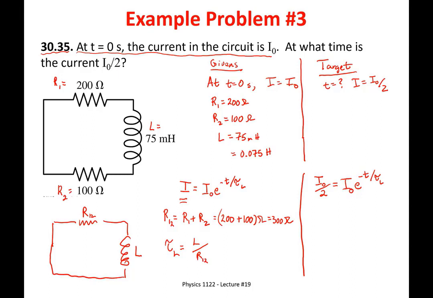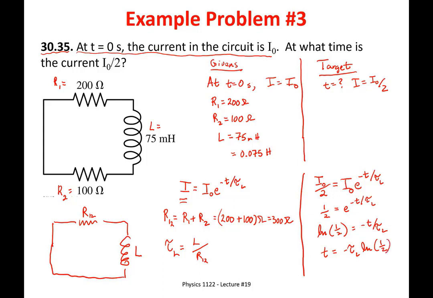And the two I naughts are going to cancel from side to side. So this will give us 1/2 is equal to e to the negative t over tau sub L. And this will be log of 1/2 is equal to minus t over tau sub L, or t is equal to negative tau sub L log of 1/2.